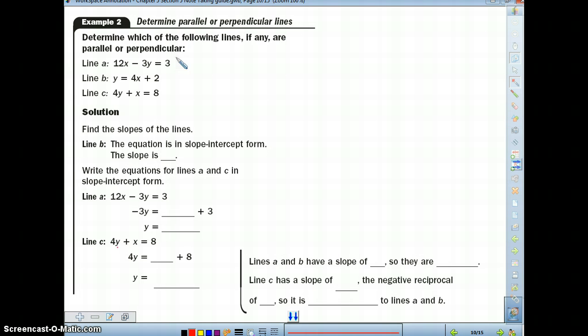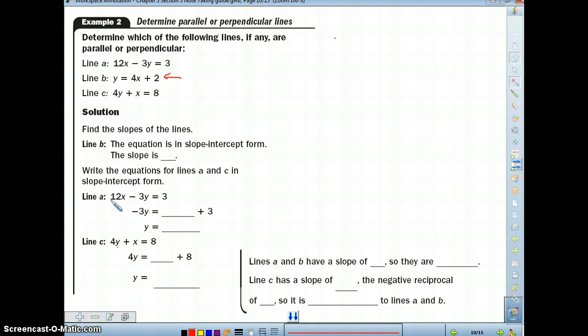Okay. Determine which of the following lines, if any, are parallel or perpendicular. Well, look at line B. Line B is real nice. They gave us the slope-intercept form, 4 and 2. So let's look at line A. We have 12x. Actually, we'll just work it down here with the problem.